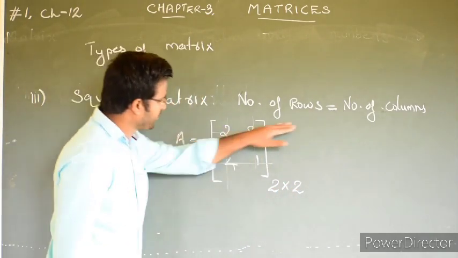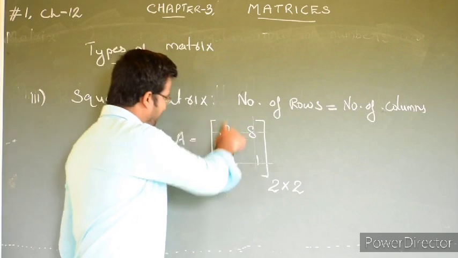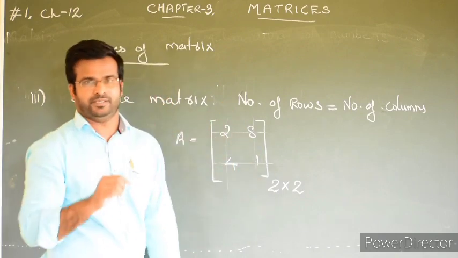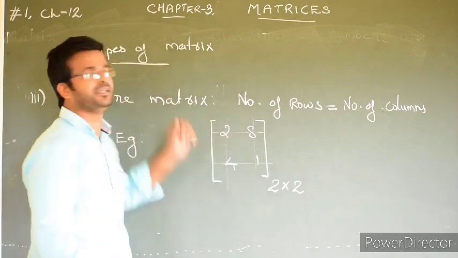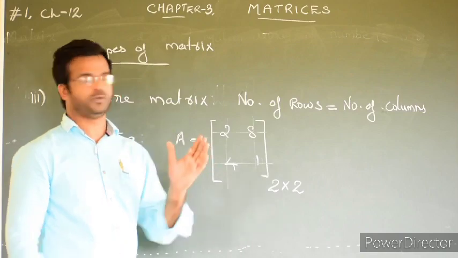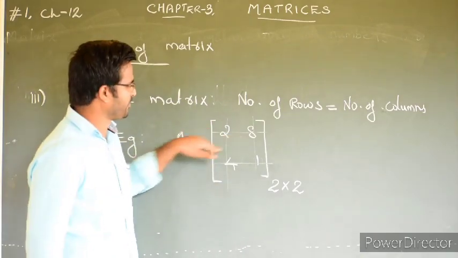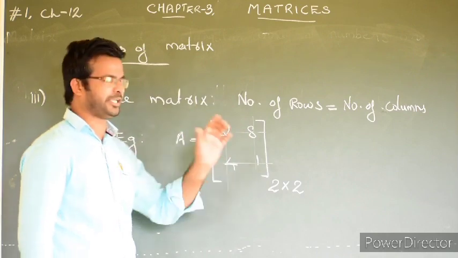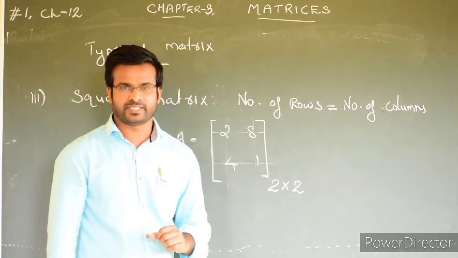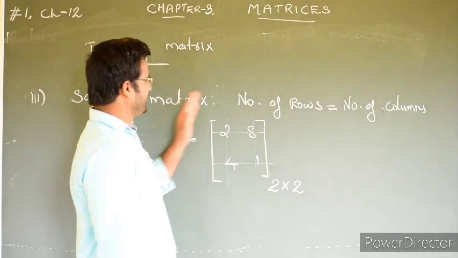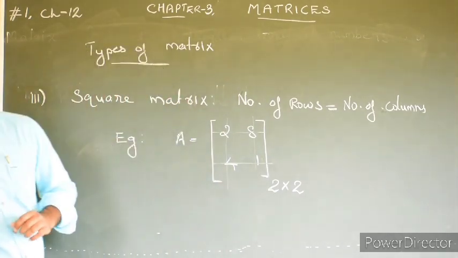Here the number of rows and columns are equal. That's why we can say this is a square matrix. Square, you know, all the sides are equal. Same like that, when the number of rows and columns are equal, we say that matrix is a square matrix.